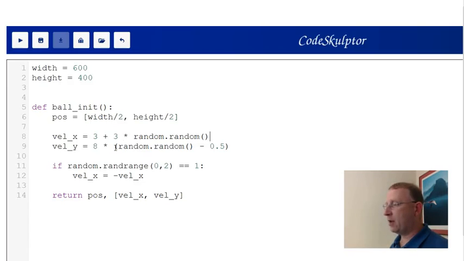I have some fairly arbitrary ways of generating the initial velocity. Yes, those are magic constants here, but in this case, I don't have a good way of naming those. Those values are pretty arbitrary, quite frankly. But rather than that big long if statement before, I want to combine those, and really all I'm doing is, with 50% probability, negating the velocity in the x component.